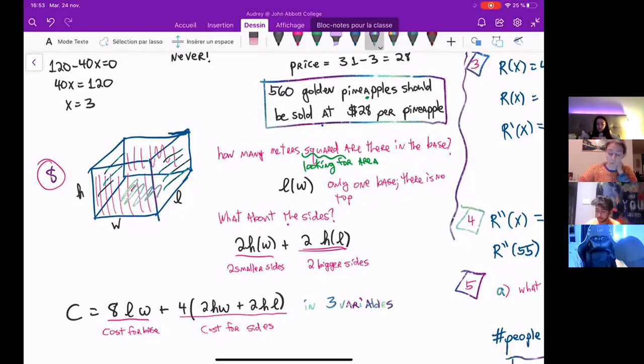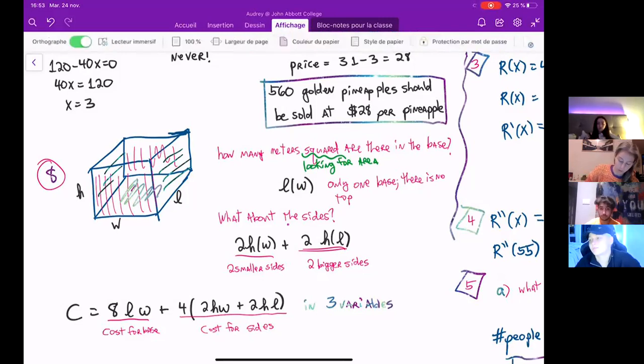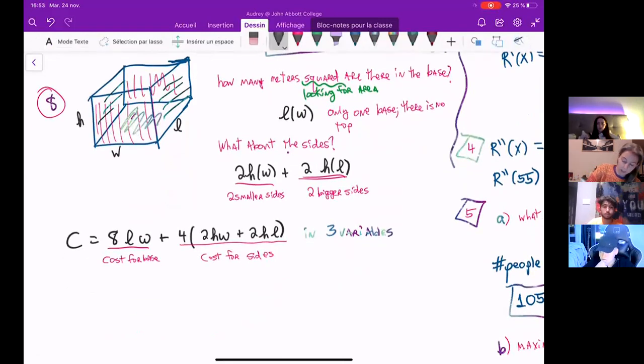And this is actually a really challenging problem, because there's 2 pieces of information that I haven't used yet. The first is that, as Alex pointed out, we are told that the length of the base will be twice as long as the width. So this right here, this is my step 1.